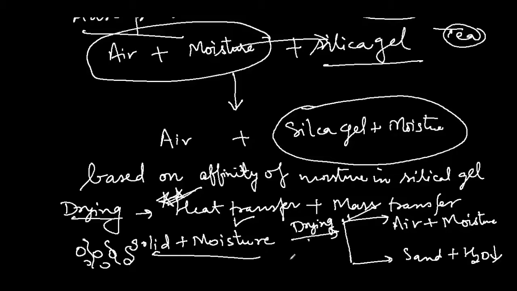We send hot air, so the hot air takes the moisture, the sand becomes low in moisture and the air becomes high in moisture. So this is the principle. We are changing the temperature as well as the concentration of water in both phases, so it involves both mass transfer and heat transfer.